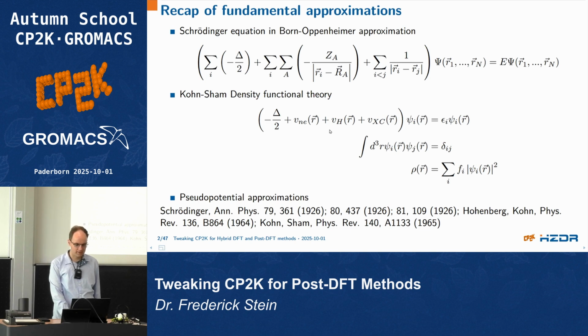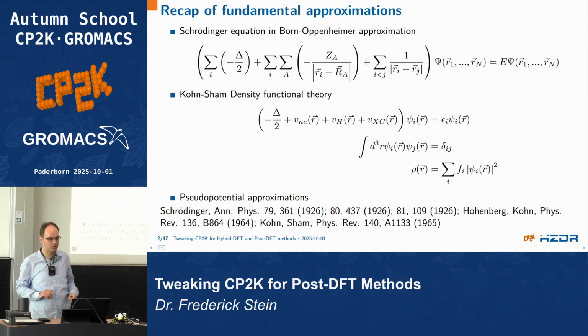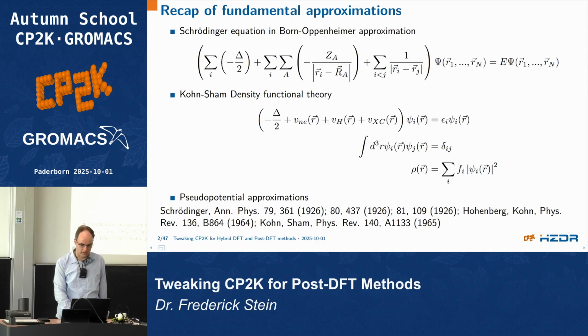The basic idea is that we treat the electrons as living in the effective potential of all the other electrons. And that's why, for instance, these two terms, the Hartree potential here, which is just the classical electron-electron repulsion term, and the exchange-correlation term, which describes all the quantum mechanical stuff that we don't know about, depend on the density.